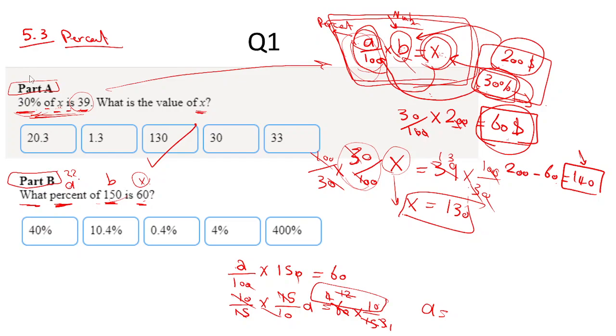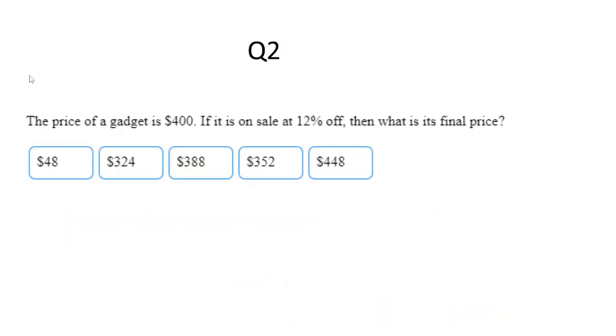So the answer will be 4 multiplied by 10, which is 40%. And this is the answer for this question. Very simple. Just once you get a percentage question, put this equation in your mind or write it down, then start substituting the values, and you will get the answer of what we want. Okay? So let's move to question number 2.